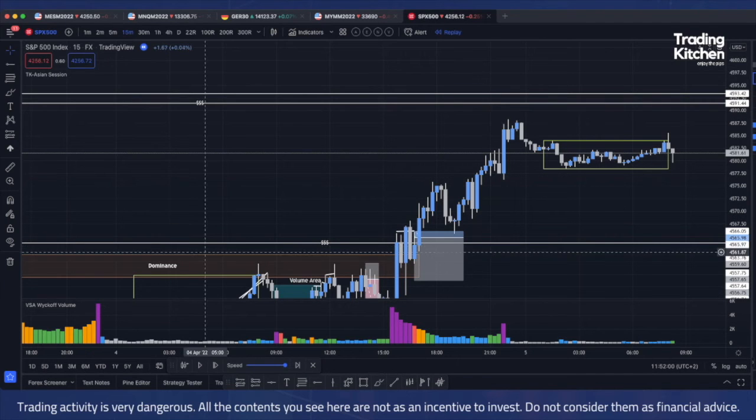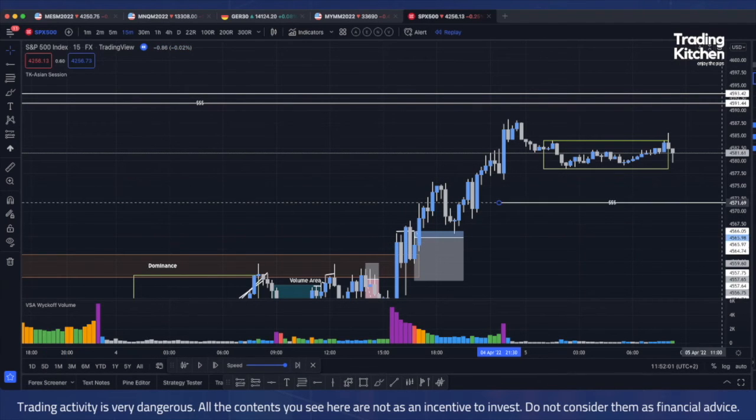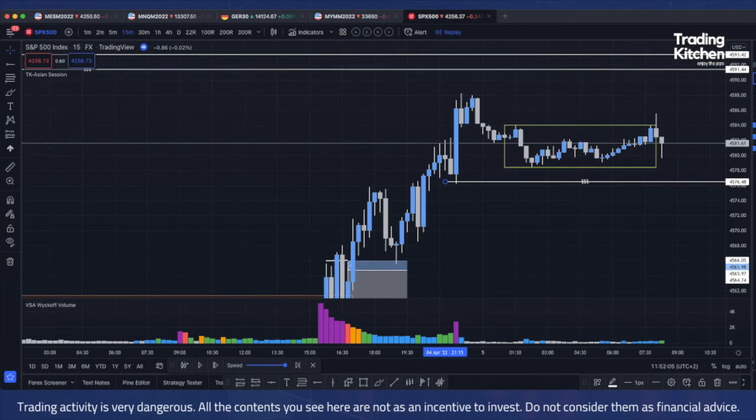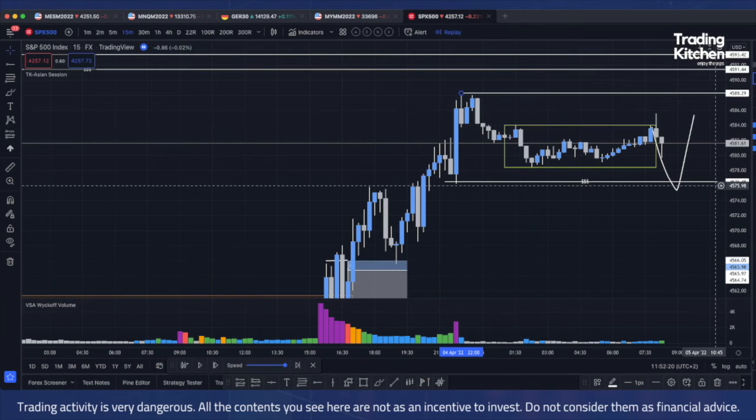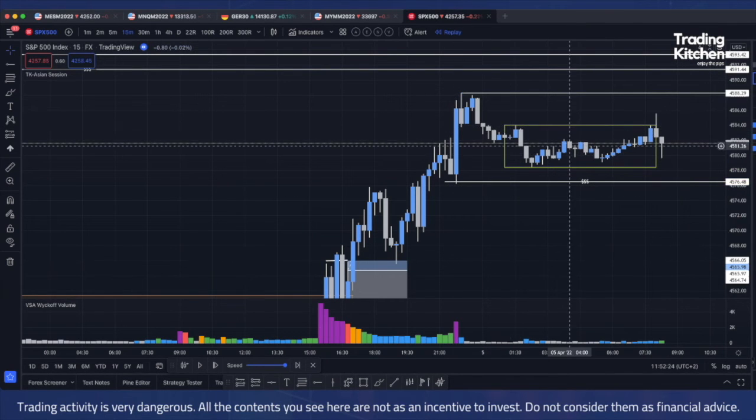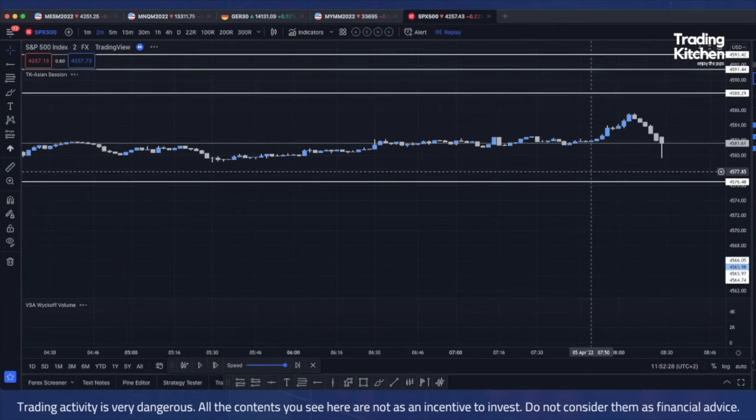Okay, so it will be better to find a clear long setup, like this one. But we also have liquidity here. So the Asian session is ranging, is not directional. Okay, it is like this. So let's jump into the 2 minutes chart.